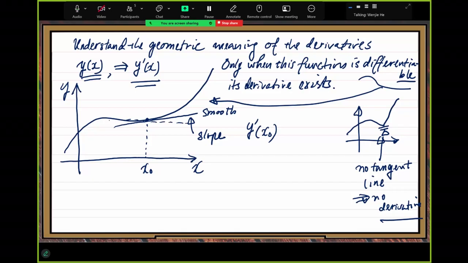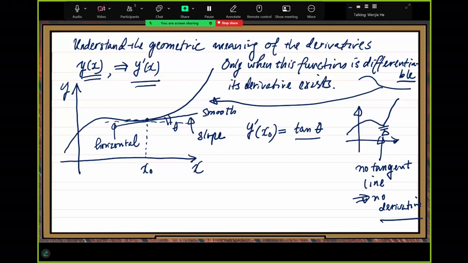This is the horizontal line, and there is an angle between the tangent line and the horizontal line. We use theta. So the derivative equals the tangent of theta. That's the geometric meaning.